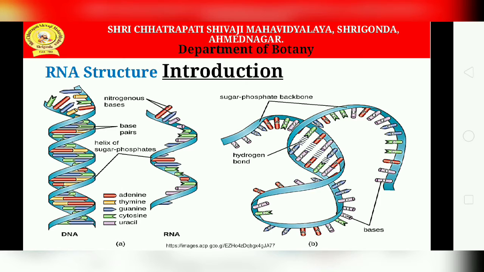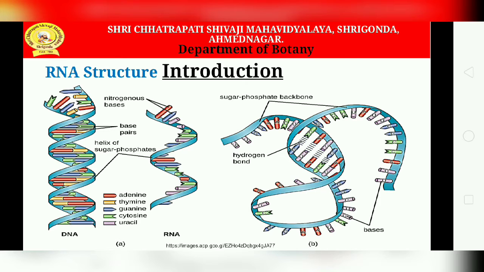Even though RNA is single stranded, most types of RNA molecules show extensive intramolecular base pairing between complementary sequences within the RNA strand, creating predictable three-dimensional structures essential for their functions.